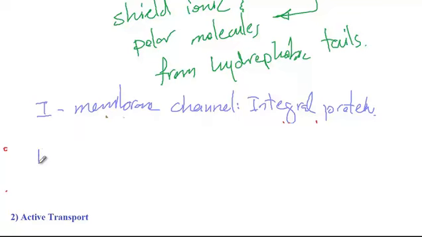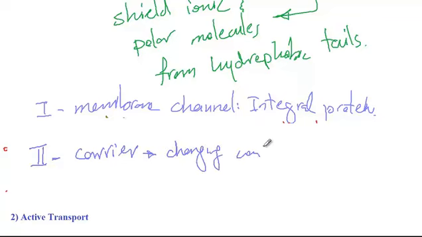Then we have the second type of membrane protein that can act as a carrier, whereby by changing its conformation it will allow passage of molecules across the plasma membrane.